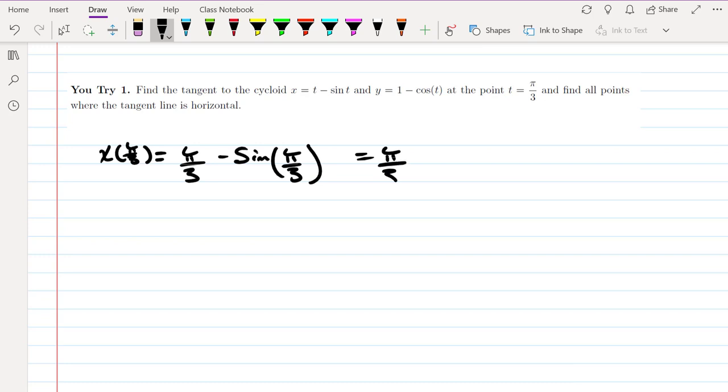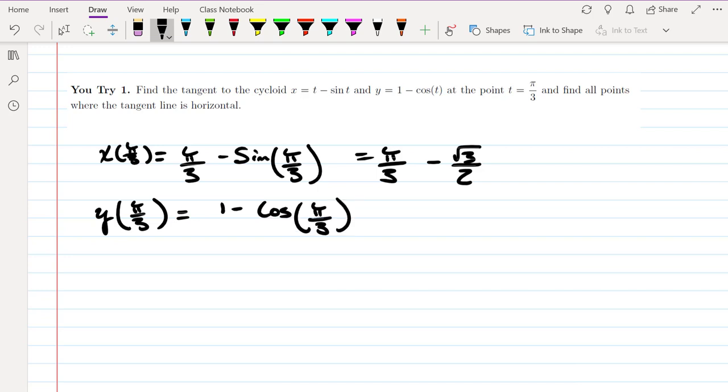Sine pi over 3 is going to be root 3 over 2. And then we have y of pi over 3, which is going to be 1 minus the cosine of pi over 3. The cosine of pi over 3 is going to be a half, so that's 1 minus a half, so we get a half.